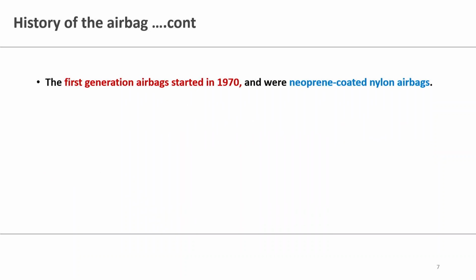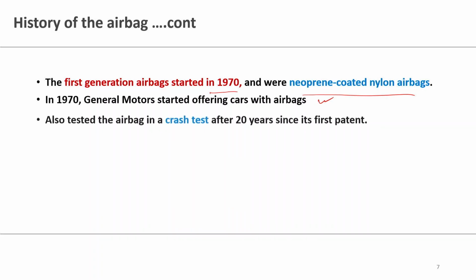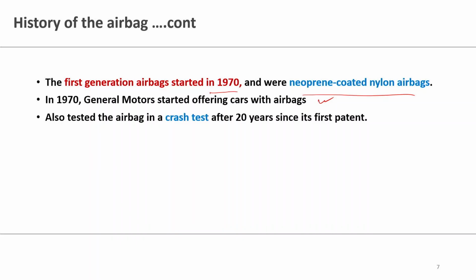The first generation airbag started in the 1970s, where neoprene coated nylon airbags were used. In 1970 General Motors started offering cars with airbags. They also tested the airbag with a crash test after 20 years since its first patent.